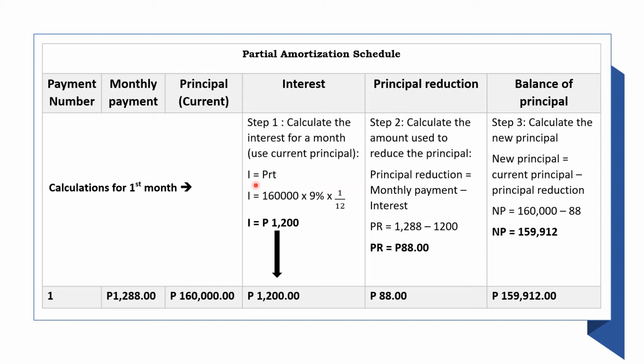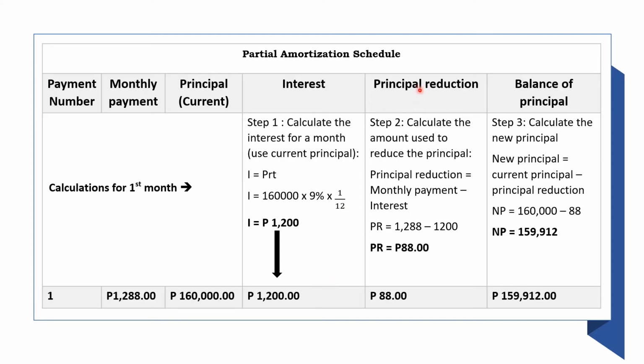Interest can be computed using this formula: interest is equal to P times R times T. The principal is 160,000 pesos, the interest rate is 9%, and the time is 1 month in a year. So our interest is 1,200 pesos.